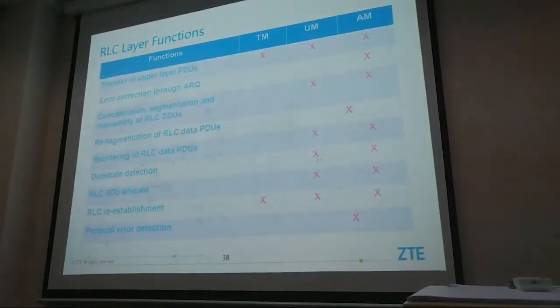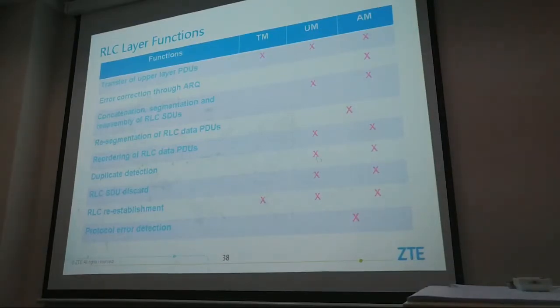Okay, let's see the different functions for different transmission modes. So for the RLC layer, it will transfer the data from the upper layer to the lower layer. So for all of the transmission modes I need to transmit the data, so TM, UM, AM all have it.